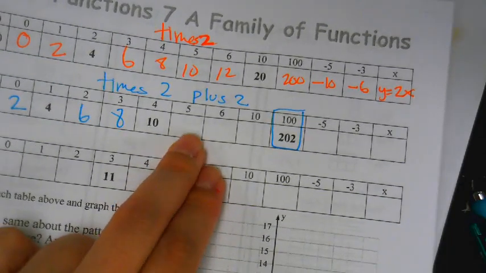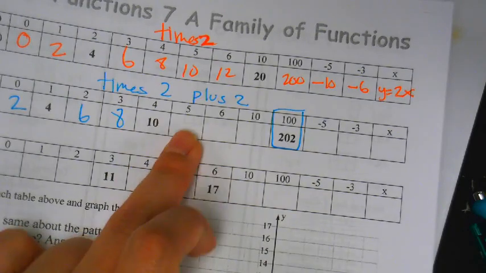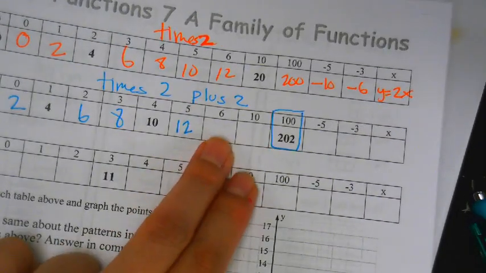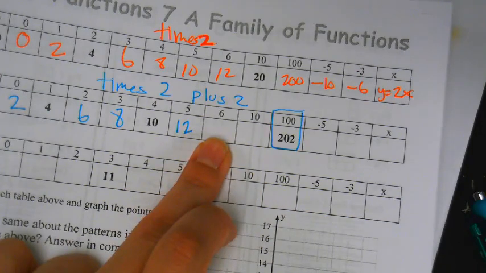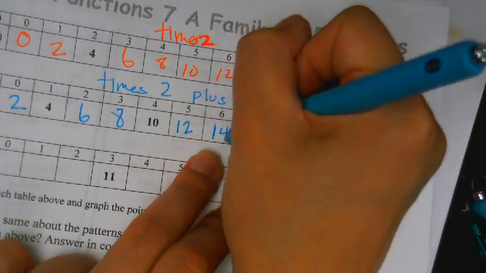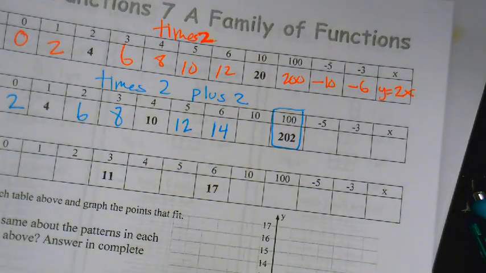Nathan, what is 5 times 2 plus 2? Yep. Brianna, what is 6 times 2 plus 2? What's 6 times 2? Plus 2? Sophia, what is 2 times 10 plus 2?